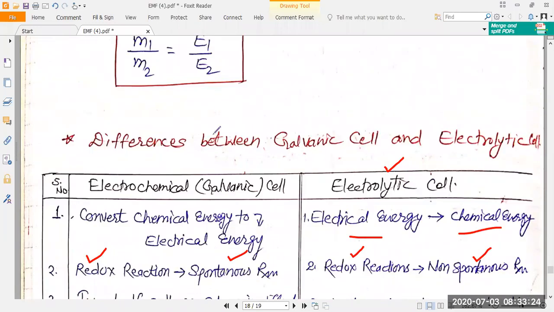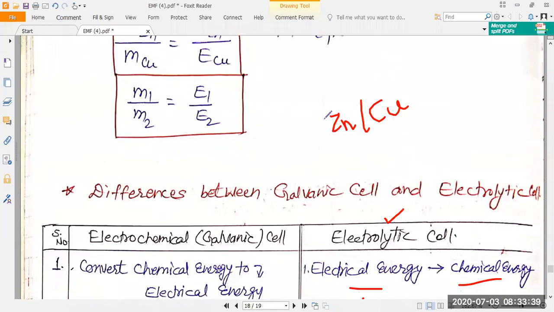See, electrochemical cell, galvanic cell, voltaic cell, all are the same. And the Daniell cell, which has zinc and copper electrodes, is an example of a galvanic cell, a type of electrochemical cell.